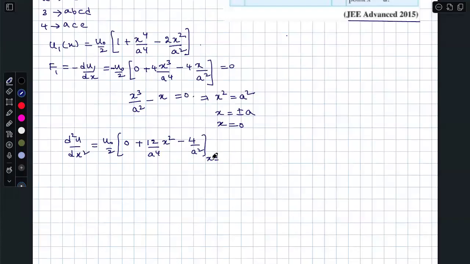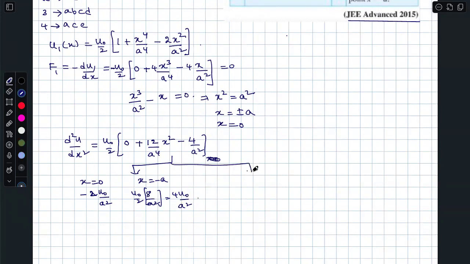Now put x is equal to 0, which gives minus 2u naught by a square. X is equal to minus a gives u naught by 2 common, 12 by a square minus 4 by a square. That is 8 by a square, which is literally 4u naught by a square.